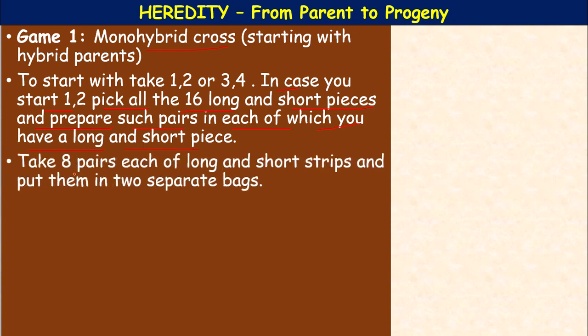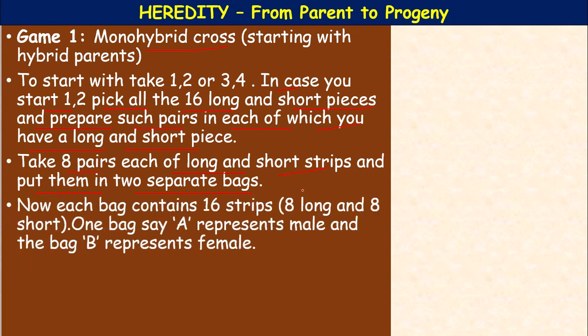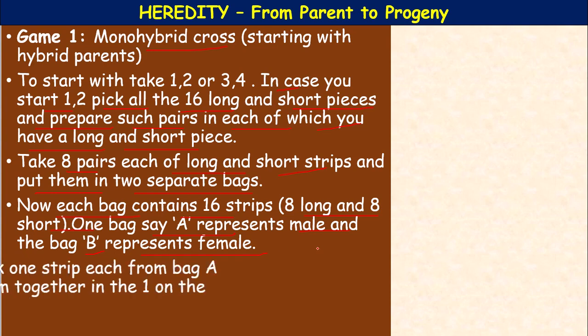Take 8 pairs each of long and short strips and put them in 2 separate bags, A and B. Now each bag contains 16 strips, 8 long and 8 short. Bag A represents male, and bag B represents female.